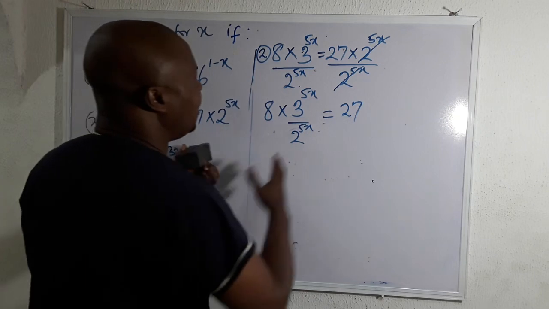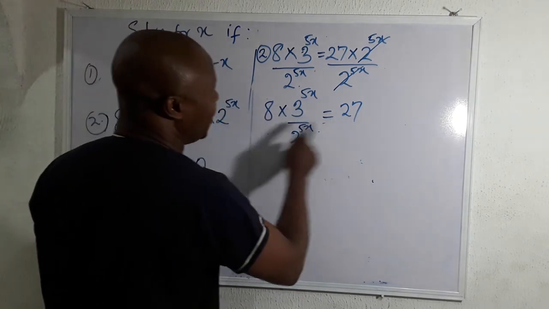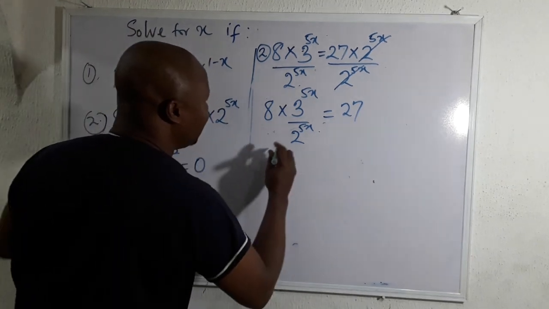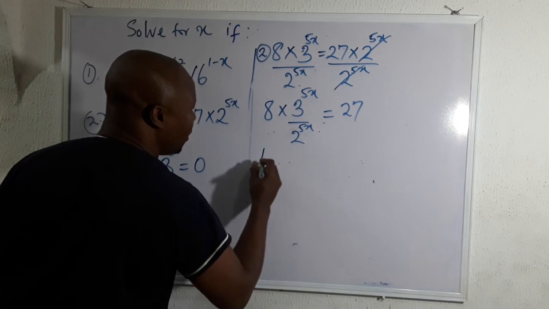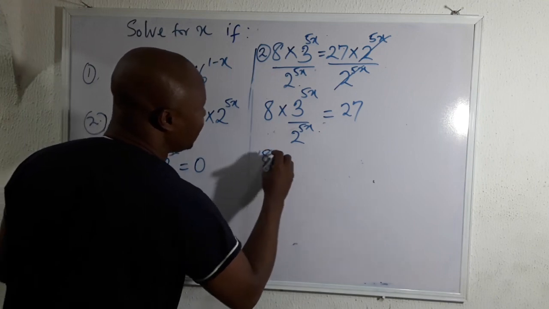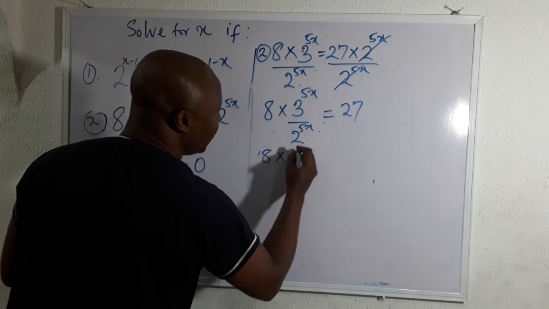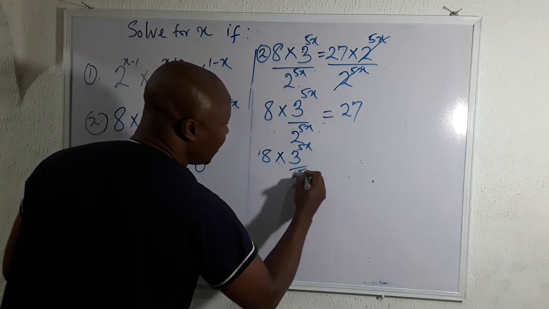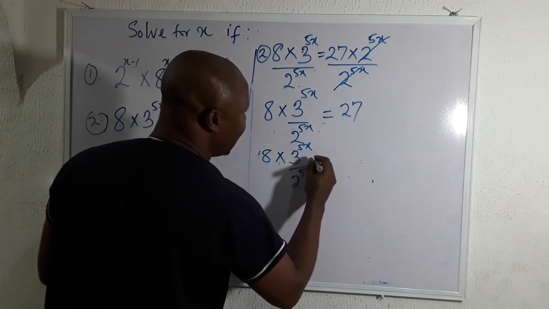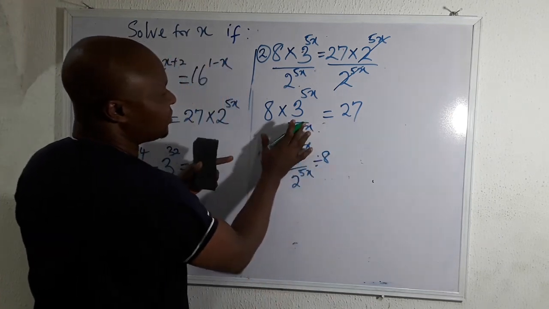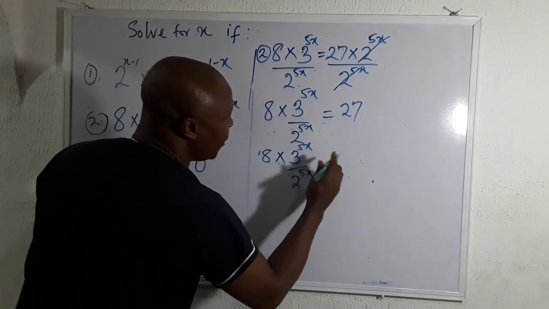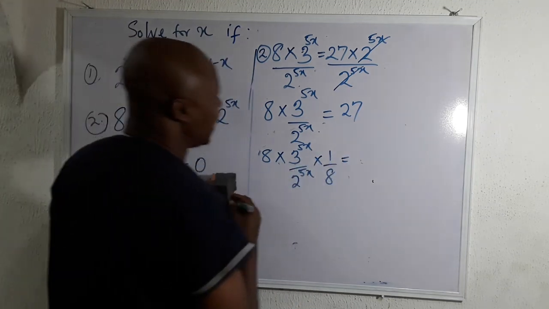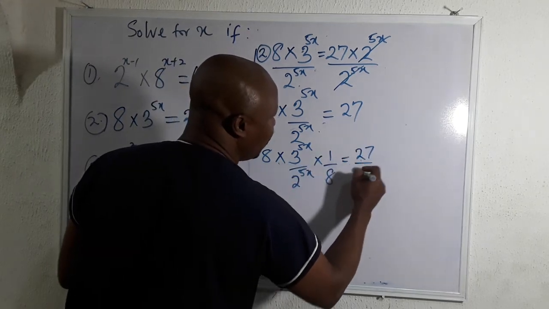Now, again, we can divide both the left and the right hand side by 8. So 8 will come under 27. If we do that, we now have 8 times 3 raised to power 5x over 2 raised to power 5x, divided by 8, as this left hand side divided by 8 is the same as saying times 1 over 8, and that will be equal to, now divide this side, 27 over 8.